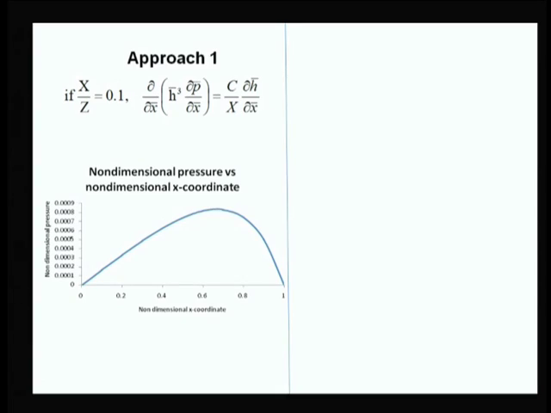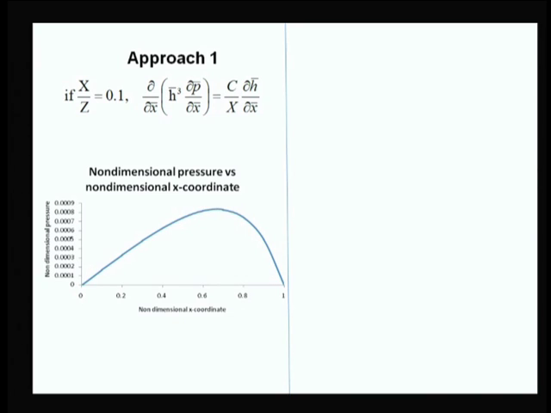In the first slide, this lecture says let us summarize approach 1, where we were neglecting the term in the z direction. We assumed that the dimension in the x direction divided by the dimension in the z direction is equal to 0.1.